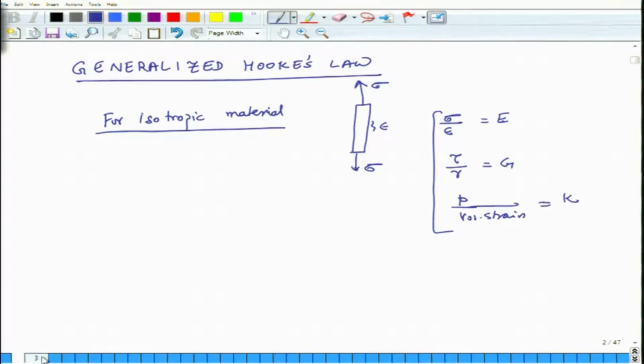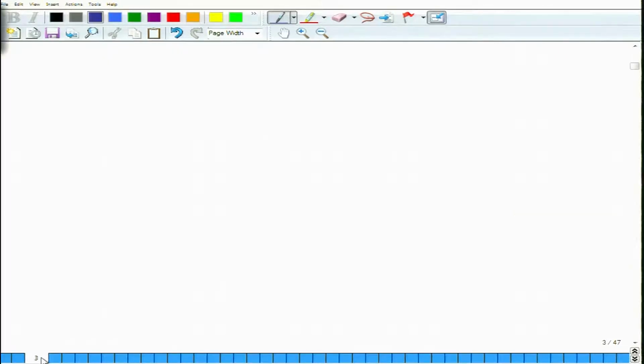So, the question is, for anisotropic material, what we have discussed so far is only for orthotropic material and anisotropic materials. Does a similar Hooke's law exist for a fully anisotropic material? That is what we are going to discuss. So, what we are going to discuss is generalized Hooke's law for anisotropic materials.